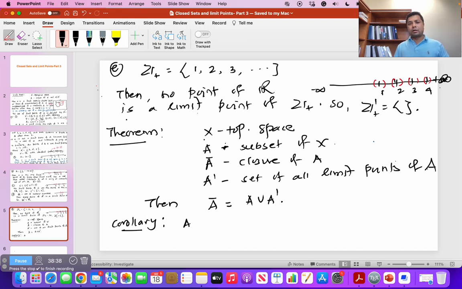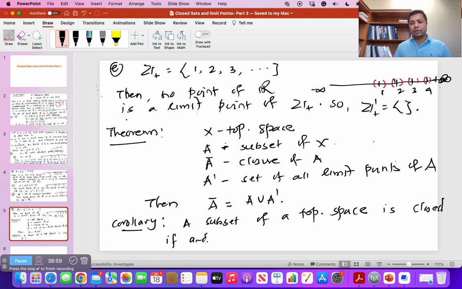This corollary gives us the relation between a closed set and its limit points. Again, our topological space is X. A subset of a topological space is closed if and only if it contains all its limit points.